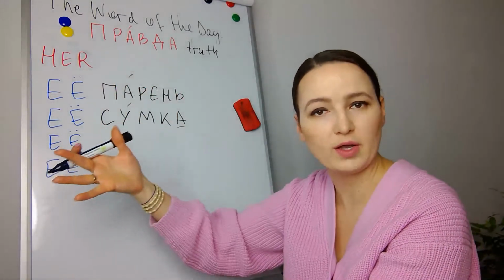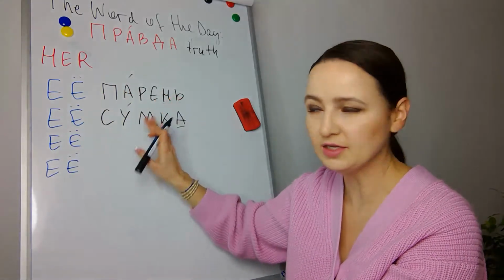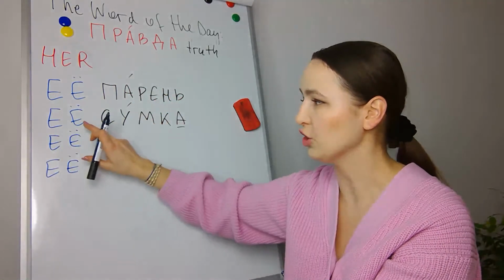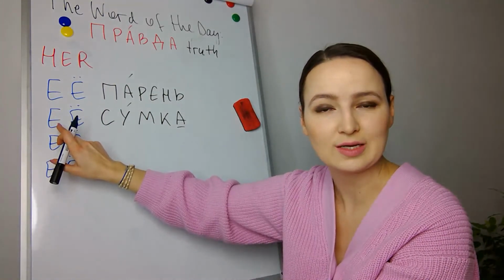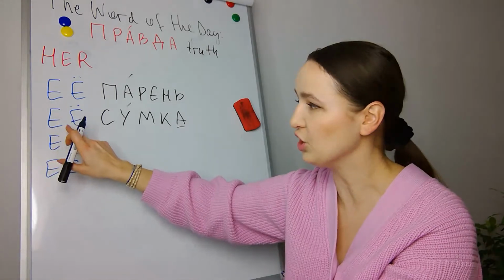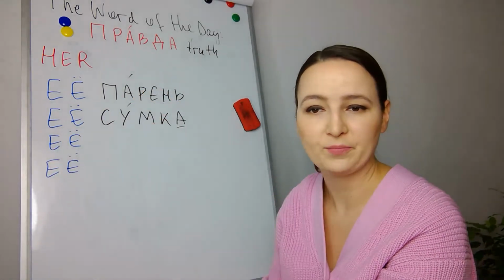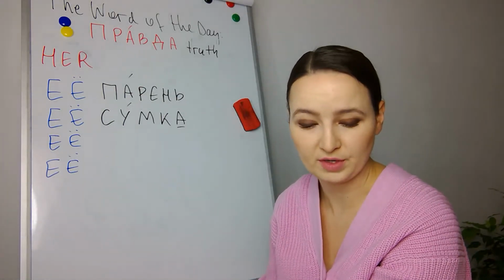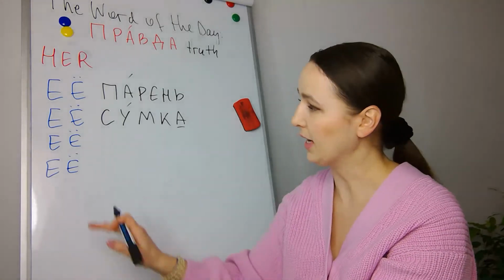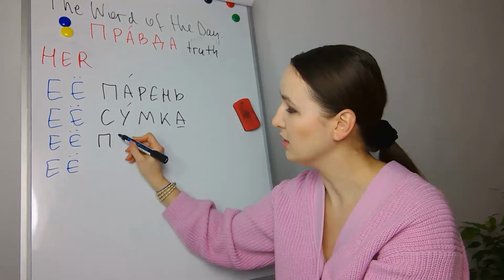Obviously he's a man, so it will be masculine. Её парень, её сумка. Её is always stressed, so here ye will be a little bit reduced. It will be pronounced as и. Её сумка. Её дочь, her daughter. Daughter is feminine as well. Молодцы.